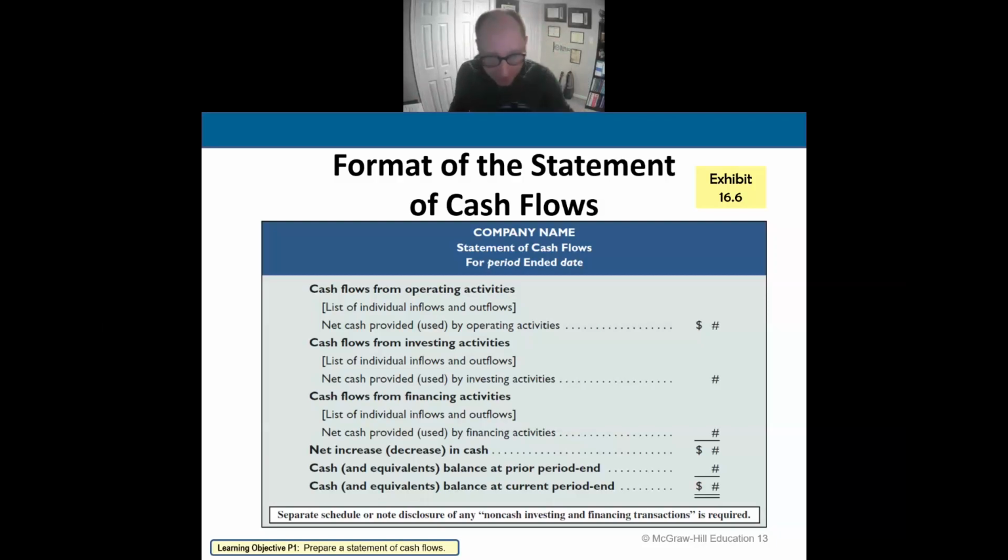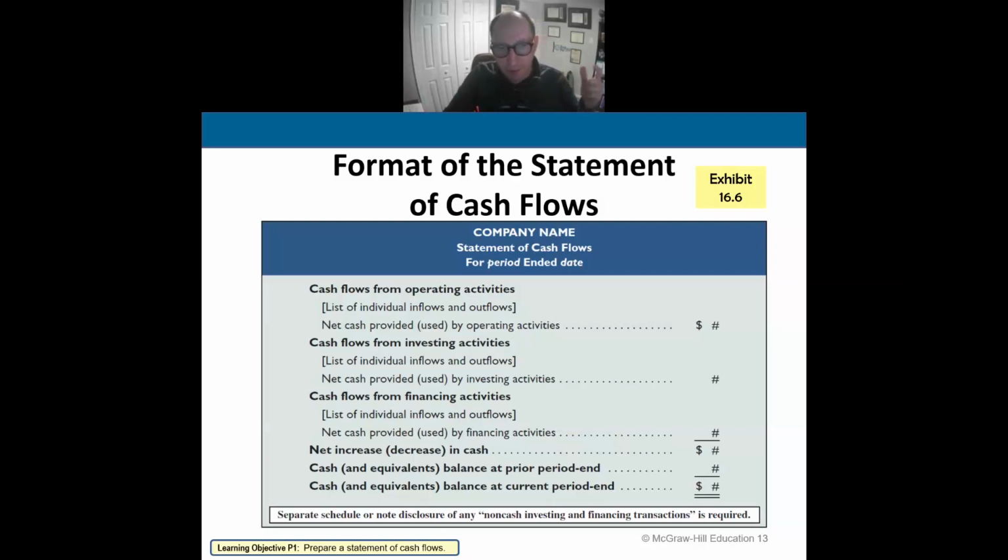And then we have financing activities. Cash coming into the business from selling stocks, bonds, or getting a loan. Minus cash going out of the business for the purchase of stocks, bonds, or we're repaying a loan. Equals the net cash flow for financing activities.